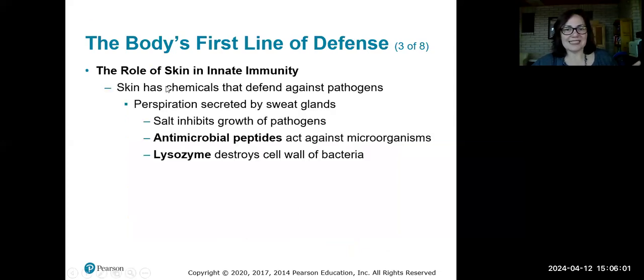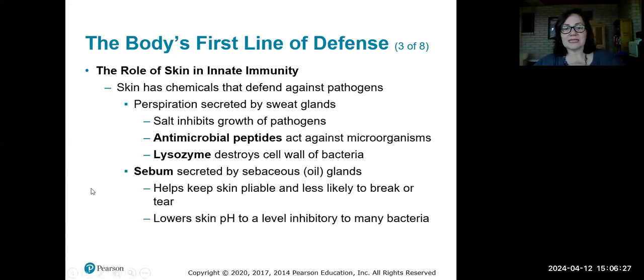More on the role of the skin in innate immunity. There are some chemicals, perspiration itself. There's some salt, sodium chloride, that helps to protect us a little bit. There are some antimicrobial molecules whose job it is to fight off infections.